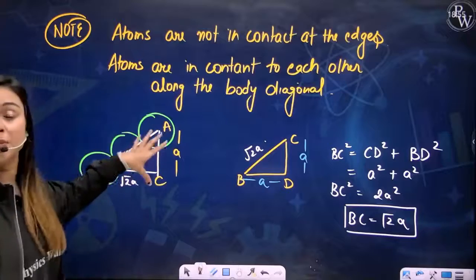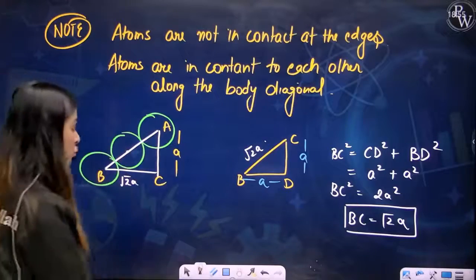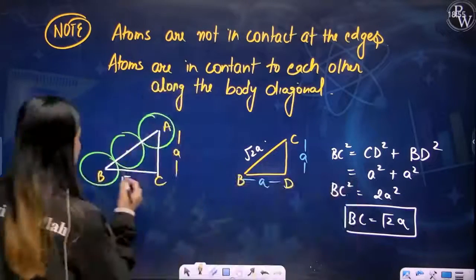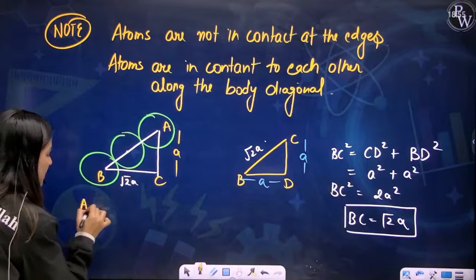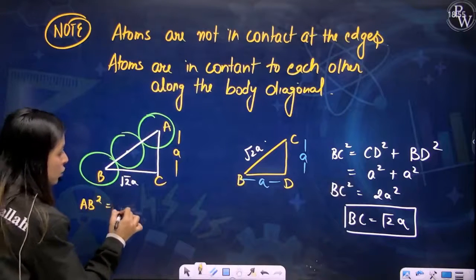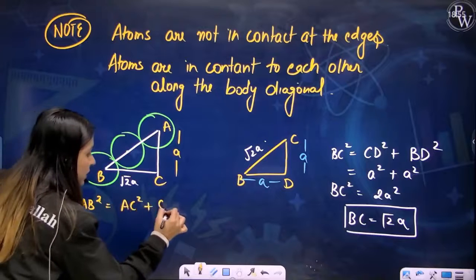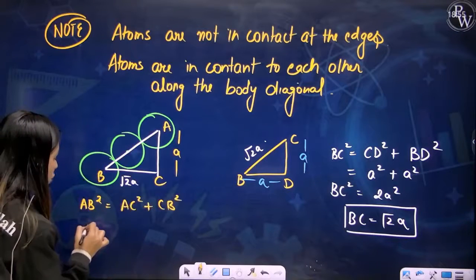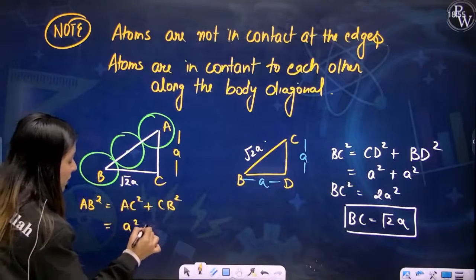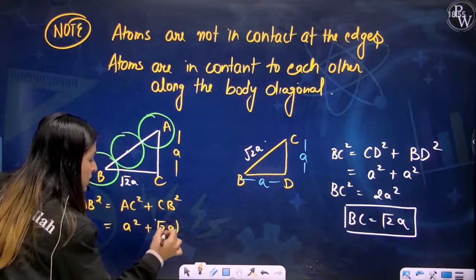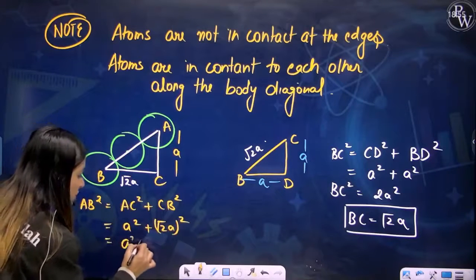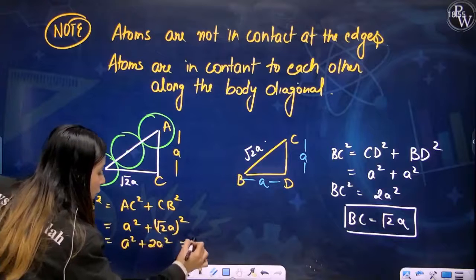Now we have to apply the Pythagoras theorem here, my dear students. We'll say that AB square would be equal to AC square plus CB square. So this would be equal to a square plus root 2a whole square, which is a square plus 2a square, equal to 3a square.